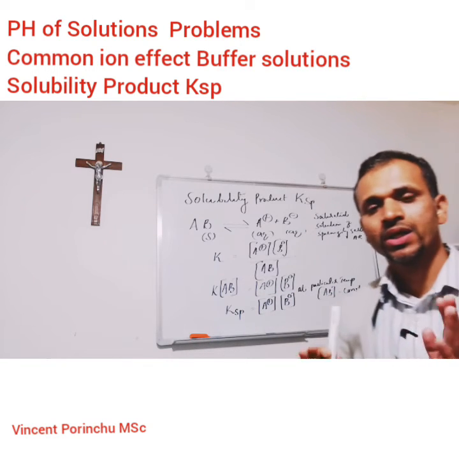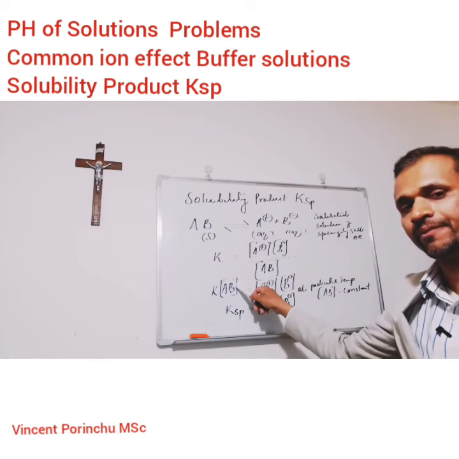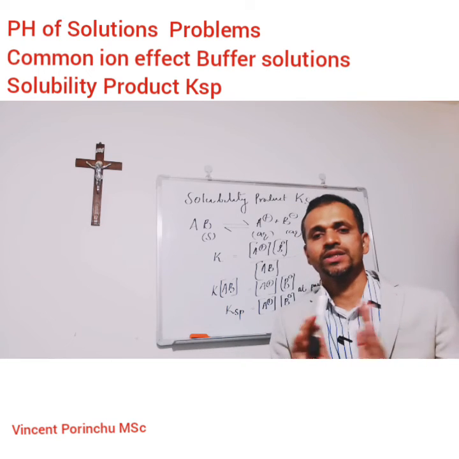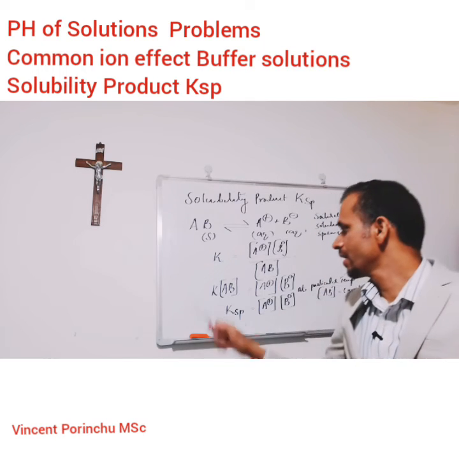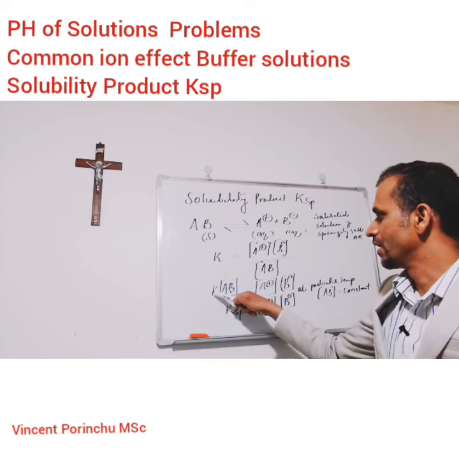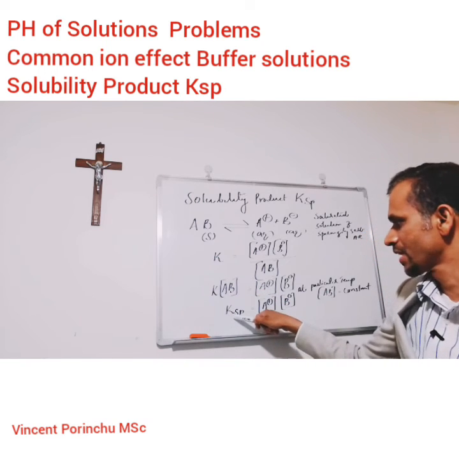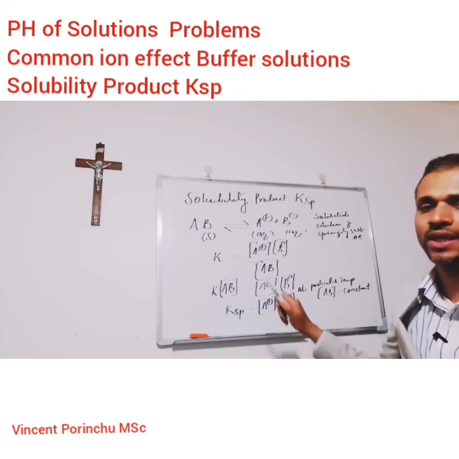At a particular temperature, the concentration of AB is considered to be a constant. So the equilibrium constant K times another constant gives a new constant known as KSP.